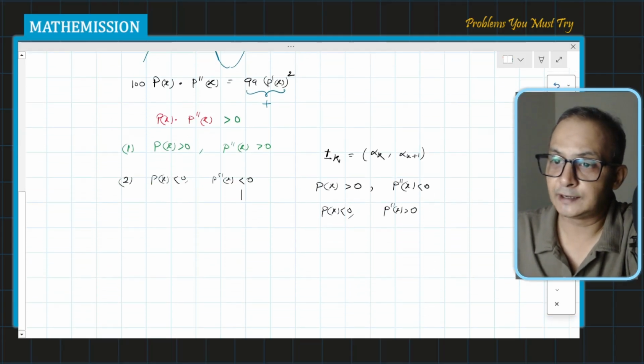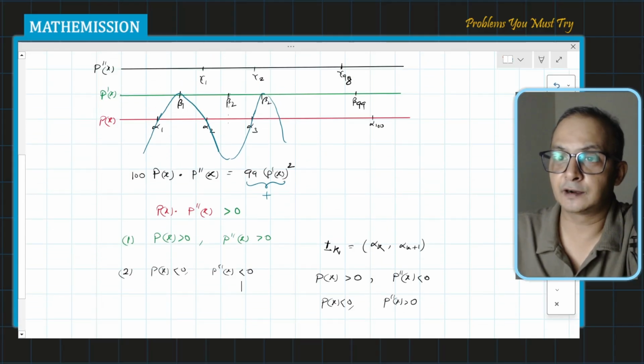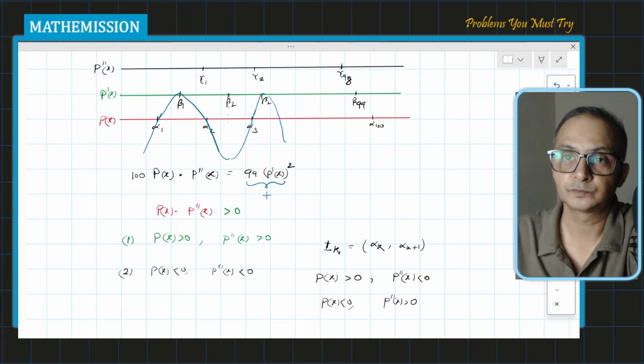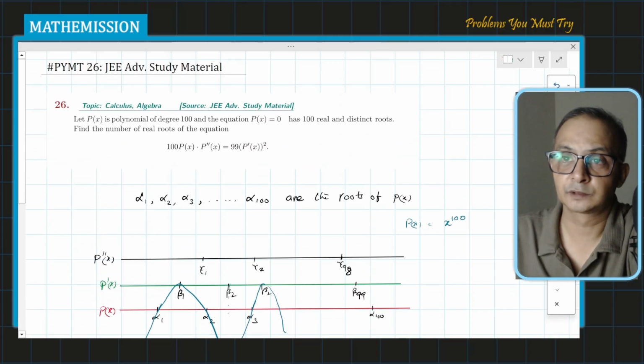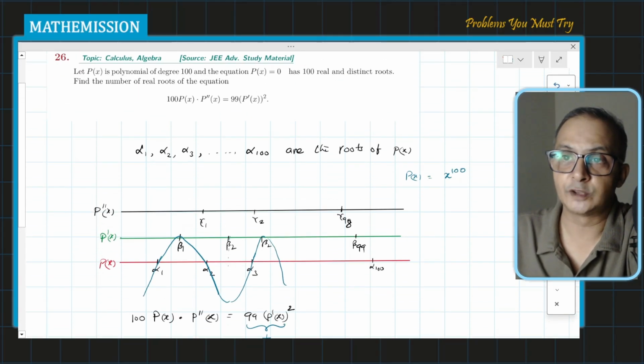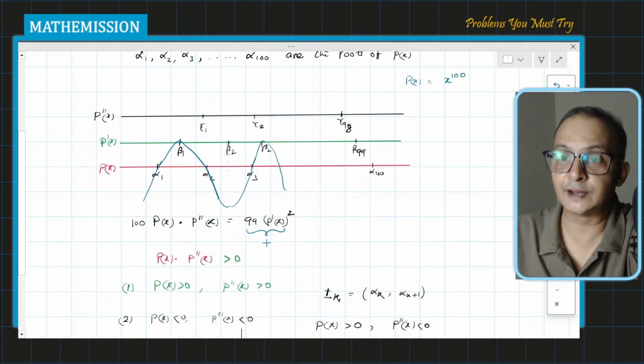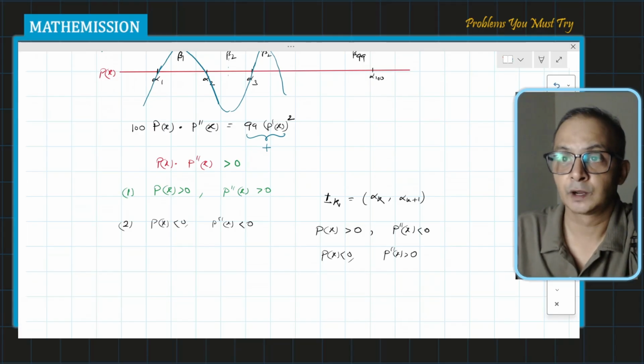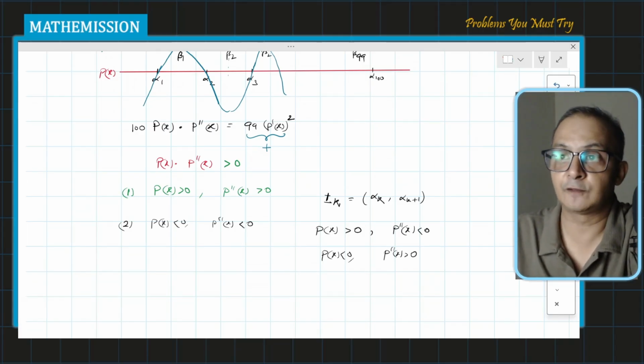So in this way, we are concluding that no root exists for this function, because this equality is not holding by this inspection between alpha 1 and alpha 100.